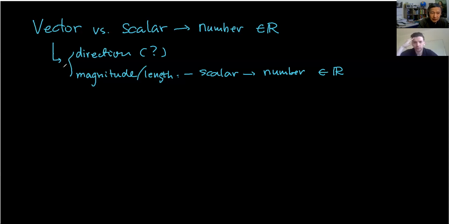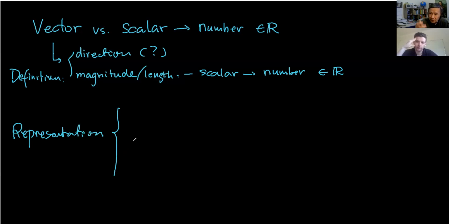So there are two things here: this is a definition of a vector, and another issue is its representation. In other words, how to describe a vector is the important issue we have to discuss. So one way is to use a graphic.